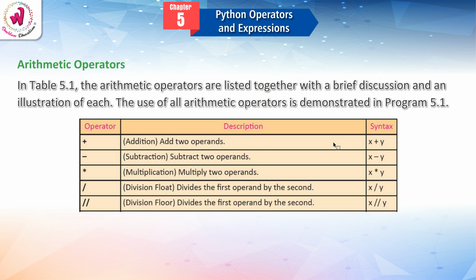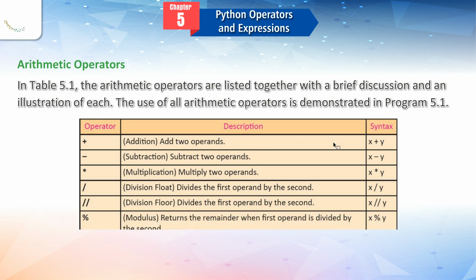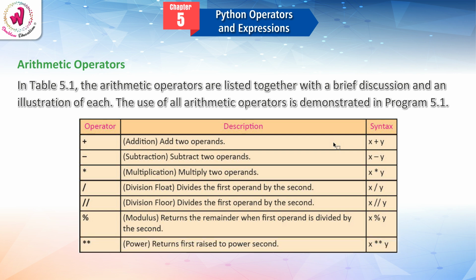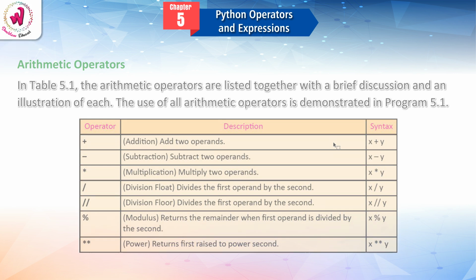Division (floor): divides the first operand by the second, x // y. Modulus: returns the remainder when the first operand is divided by the second, x % y. Power: returns the first raised to the power of the second, x ** y.